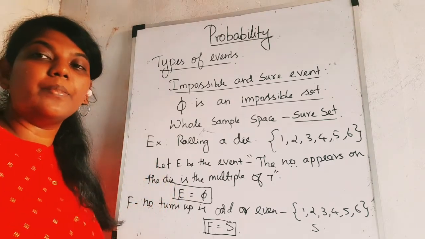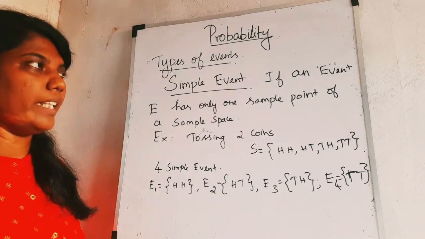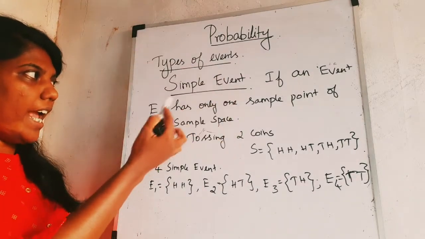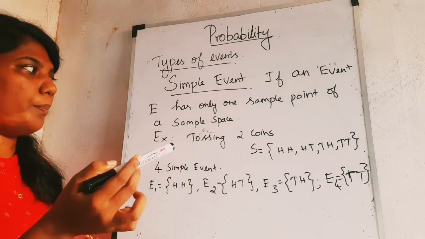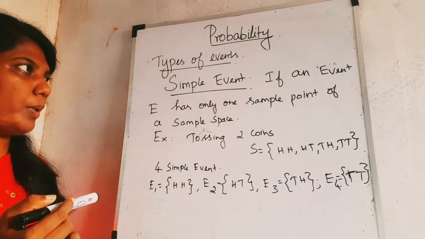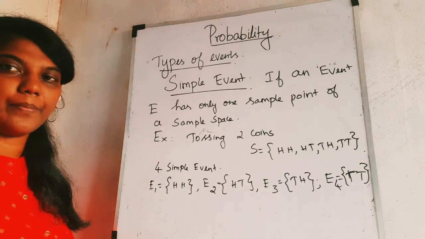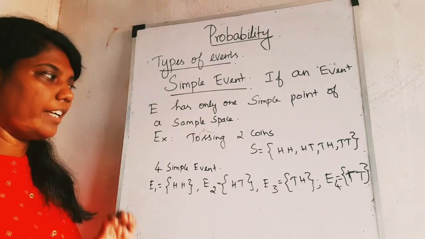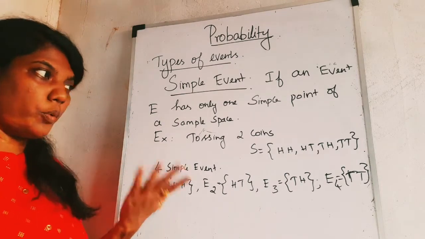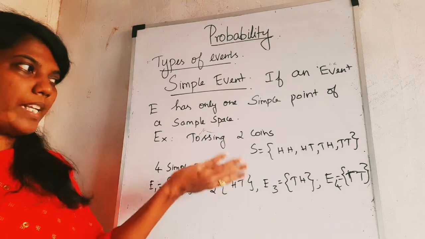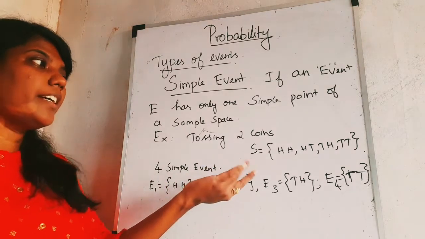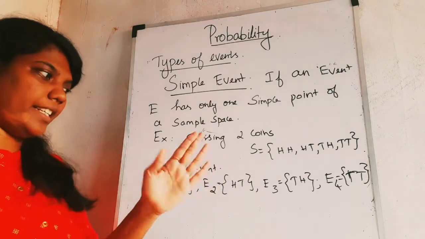Next one is the simple event. An event E has only one sample point of a sample space. For example, here we are again tossing two coins. The sample space will be head head, head tail, tail head, and tail tail.